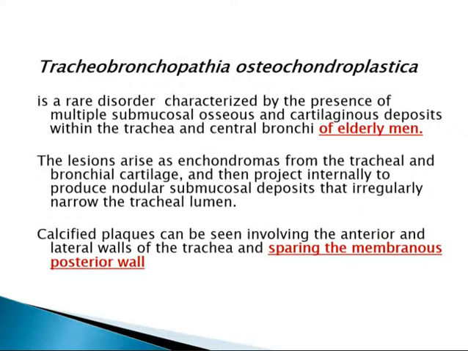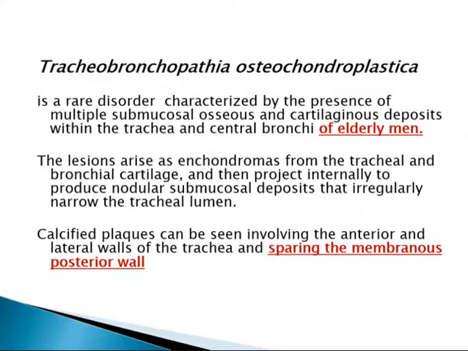The other entity causing tracheal stenosis, tracheobronchopathia osteochondroplastica, is a rare disorder characterized by the presence of multiple submucosal osseous and cartilaginous deposits within the trachea and central bronchi of elderly men.